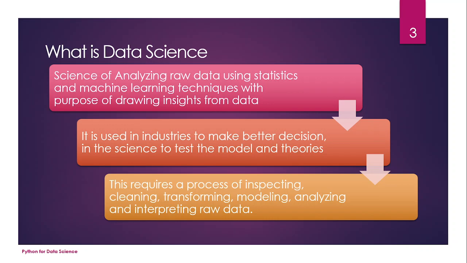Now the science behind analyzing this raw data using statistics and machine learning techniques, and finally once you process this using these techniques, if you are able to get some insights from that particular data, then that is actually data science.